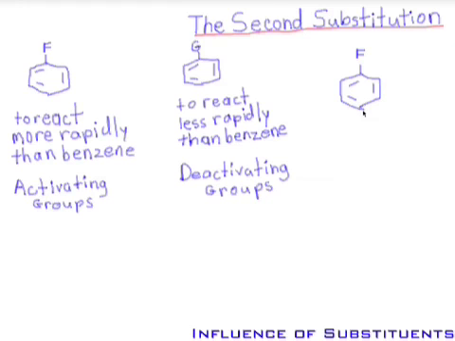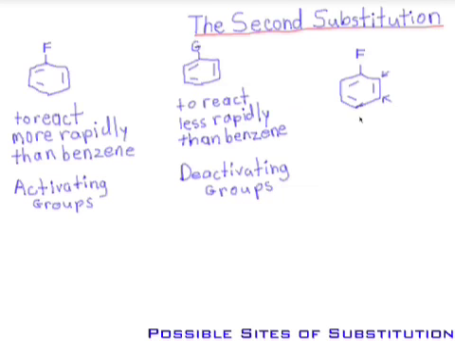So here's my activated ring. I have the possibility of getting substitution here. So I have a 1,2 substitution on the ring here, which would be 1,3 substitution on the ring. Or here, which would be 1,4 substitution.